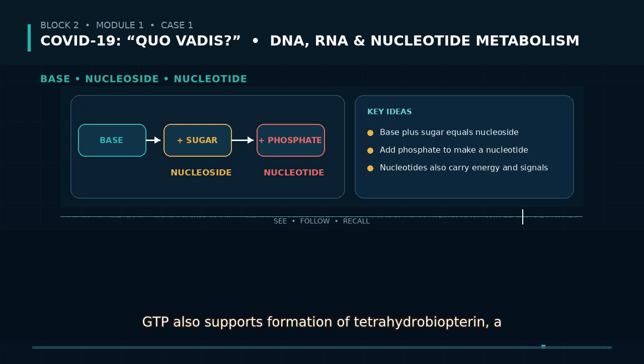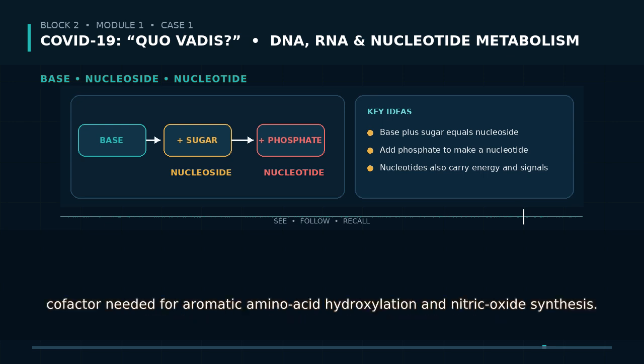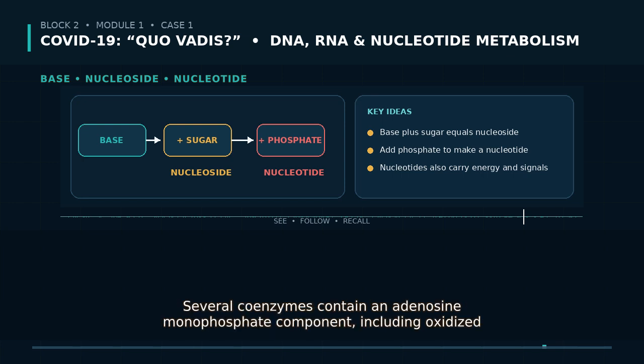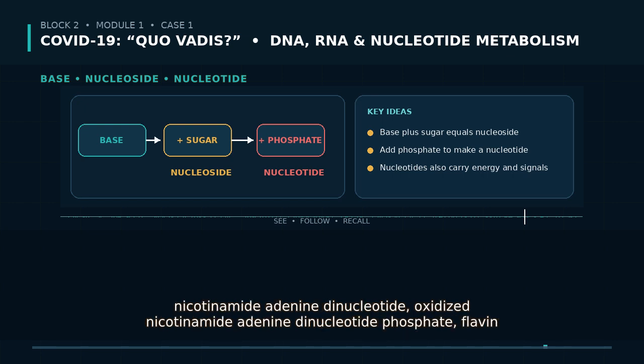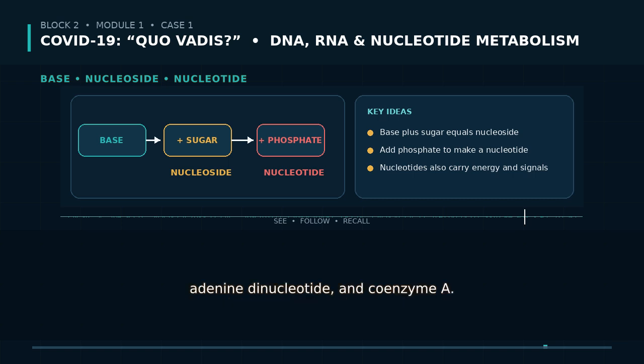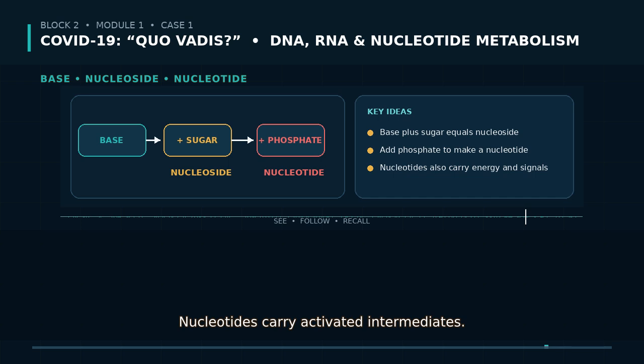This creates an unbranched chain with polarity. One end has a free 5' group, and the other has a free 3' hydroxyl group. By convention, a nucleotide sequence is written and spoken from the 5' end toward the 3' end. Polymerases also synthesize new nucleic acid chains in this 5' to 3' direction.